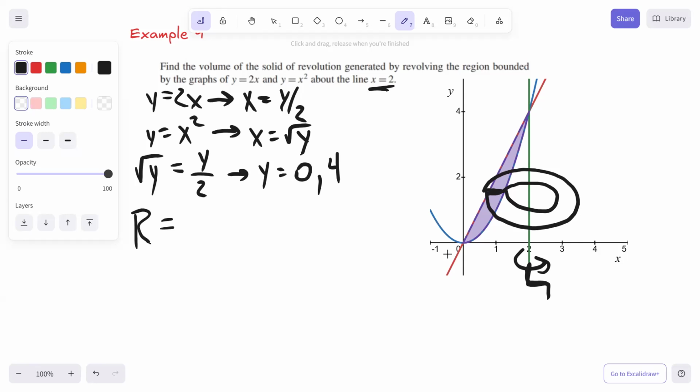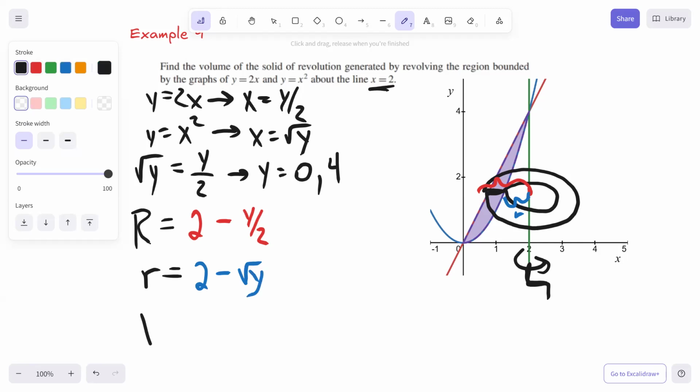But if you think, let's go from the axis of rotation to the outer boundary, okay, right minus left would be 2 minus y over 2. All right, little r is going to be what forms the inner circle. And if we go right minus left there, we would go from here to here, and that's going to be little r, which is going to be 2 minus square root y.